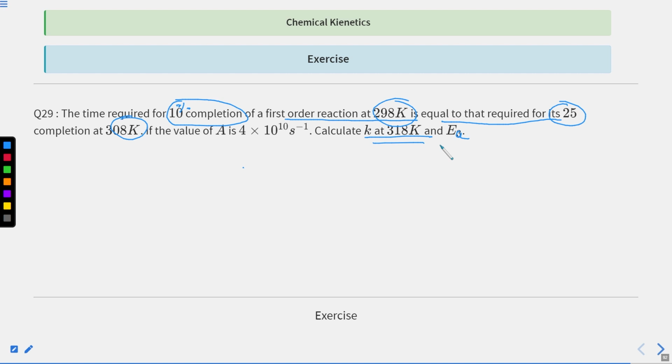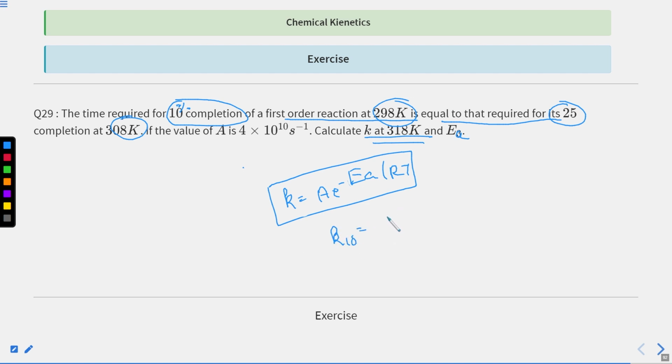For that, we have to use our simple Arrhenius equation, which says that K is equal to A e to the power minus EA by RT. We will use this. It is being given that this K is equal for both, suppose I write it for K10.